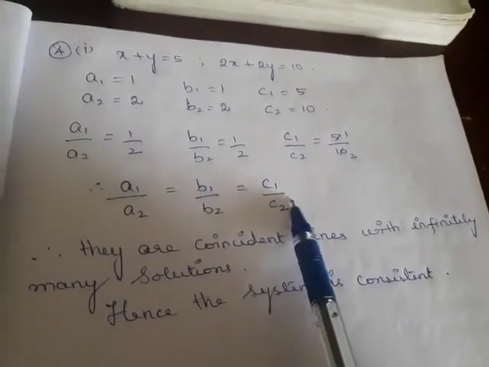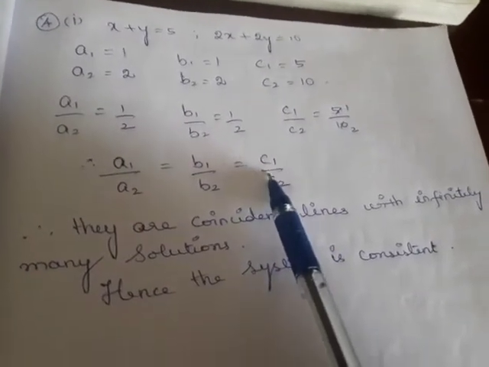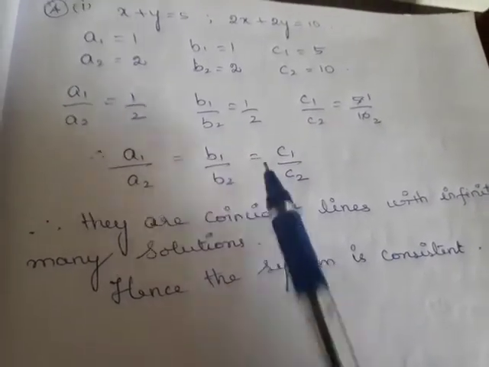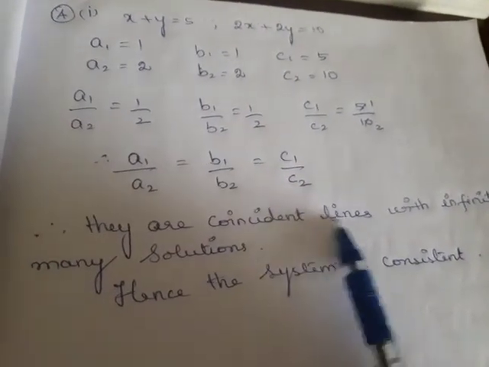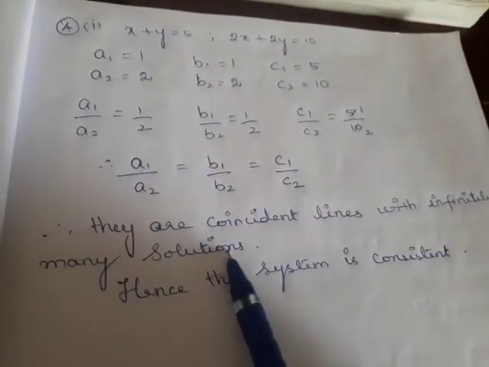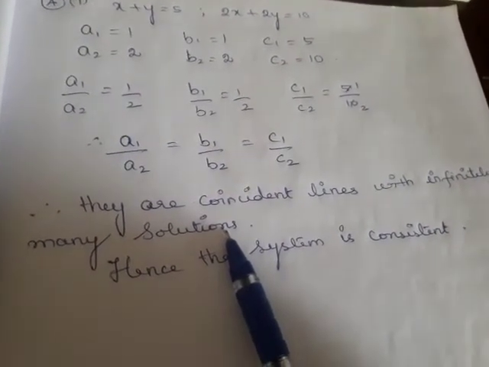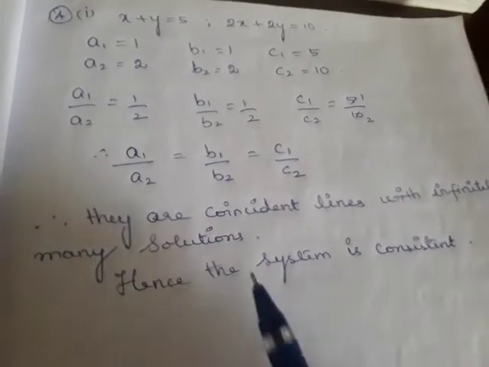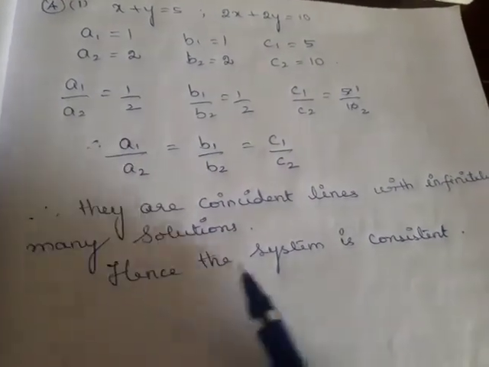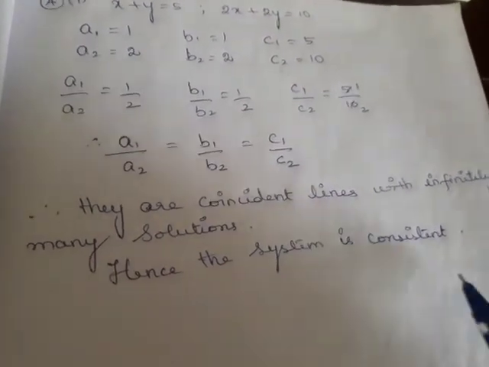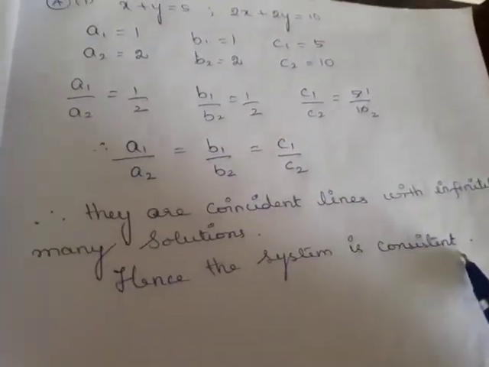So when all the three ratios are equal, what sort of geometrical representation will we get? It will be coincident lines with infinitely many solutions. And here your question is checking the consistency of the pair of linear equations. So for that you should give the answer: hence the system is consistent. Hence the pair of linear equations is consistent. You have to write that.